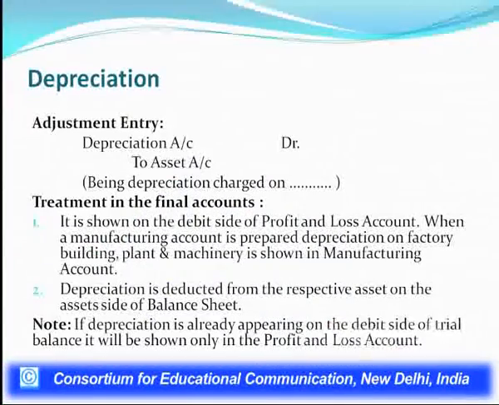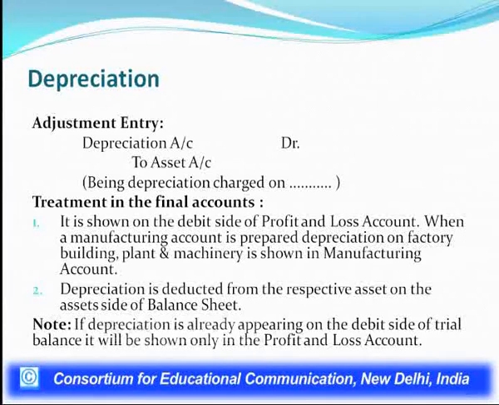If we are directly showing in the financial statements, then depreciation being an indirect expense, we show it on the debit side of profit and loss account. And when there is a manufacturing company and we are preparing manufacturing account, then the depreciation on factory building, plant and machinery will be shown in the manufacturing account, and depreciation on furniture and other items, motor vehicle, will be shown in the profit and loss account.